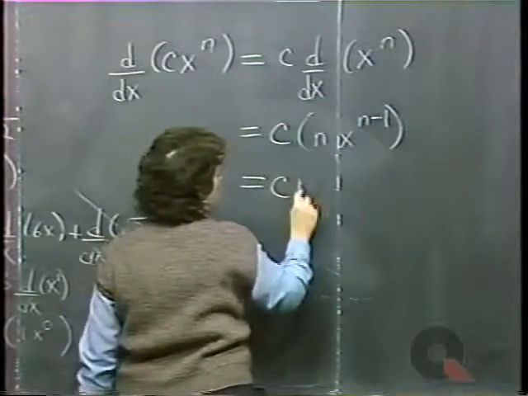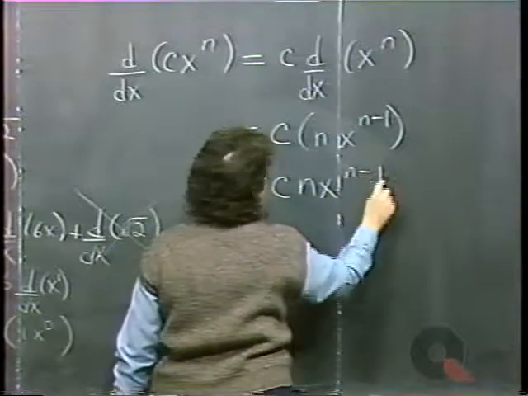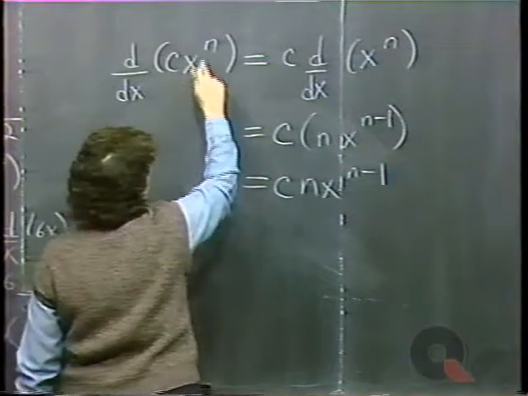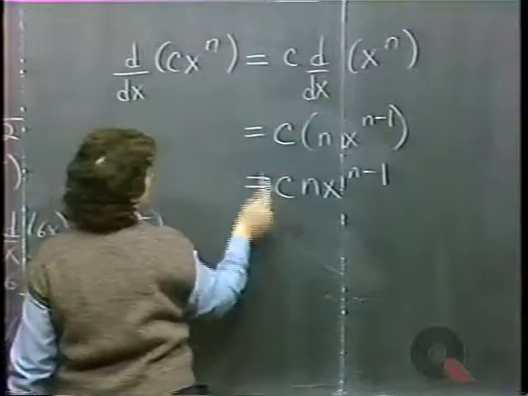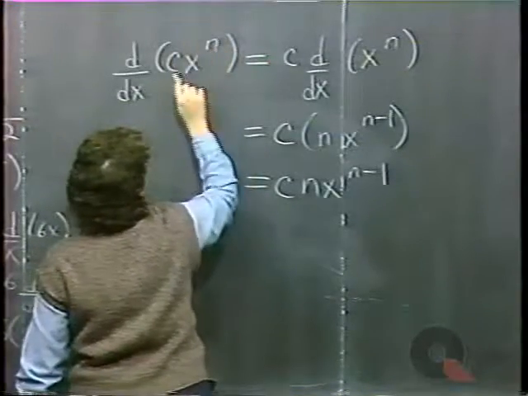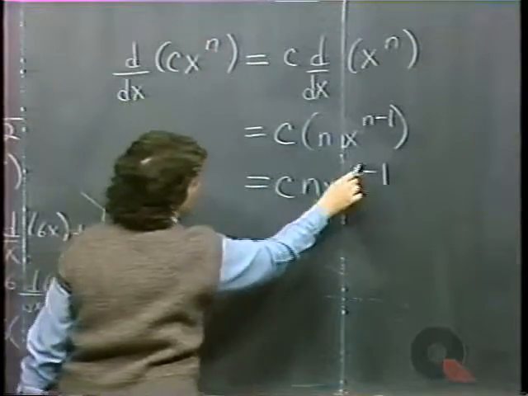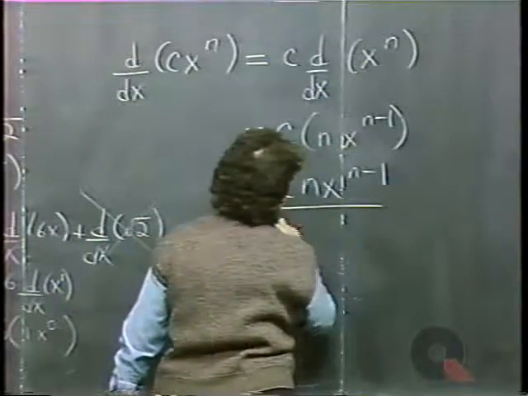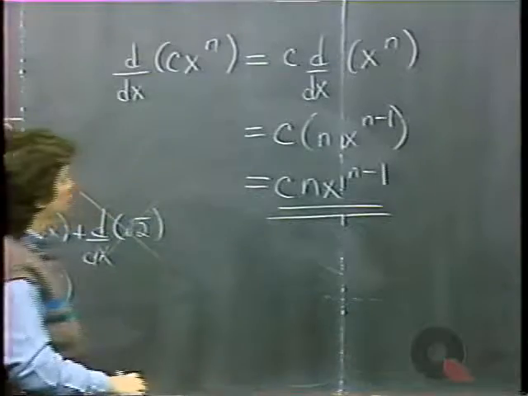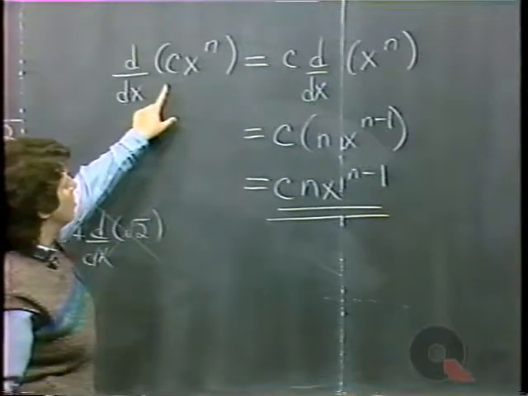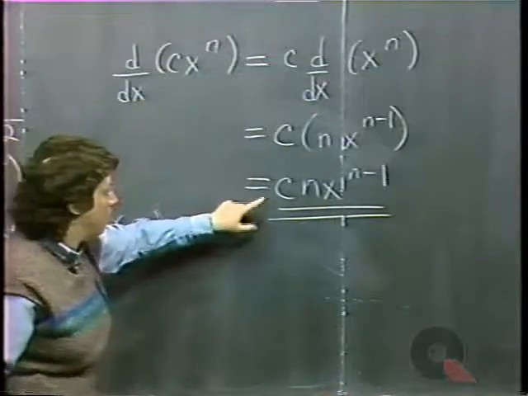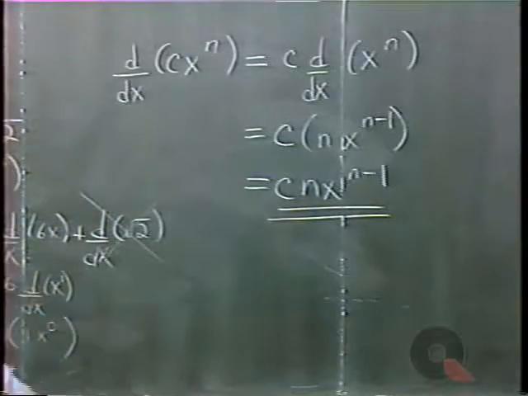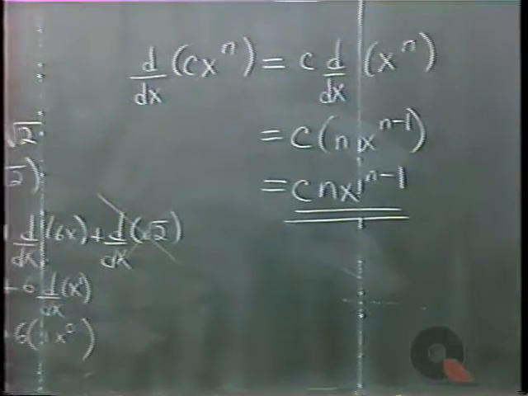So quite simply, whenever you have to differentiate a constant times x to a power, it's simply going to be the constant times the power, c times n, x to the 1 less power. This will be very convenient when differentiating polynomials. The derivative of a constant times x to a power is the constant times the power, x to the 1 less power.